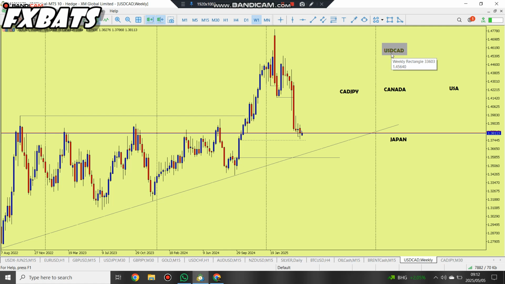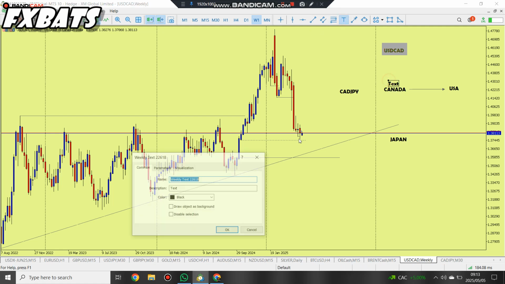Reason being, Canada is the biggest exporter of oil to the United States. It exports the majority of its oil to the USA, which means the more Canada exports, the more its currency gains value. So we're talking about the CAD as the currency of Canada.